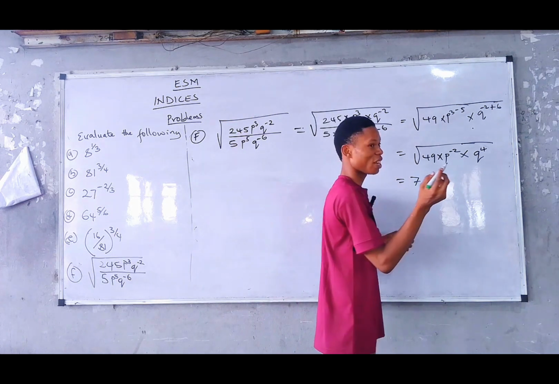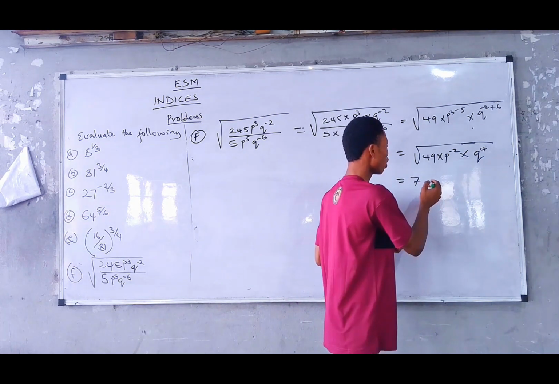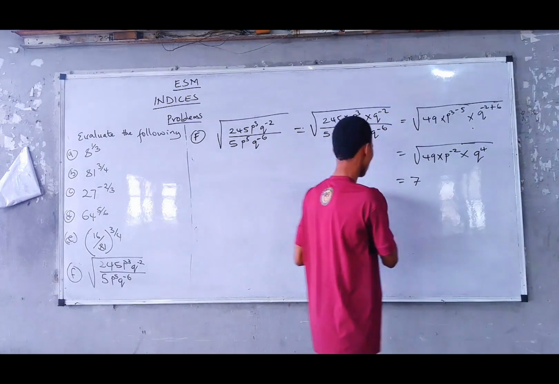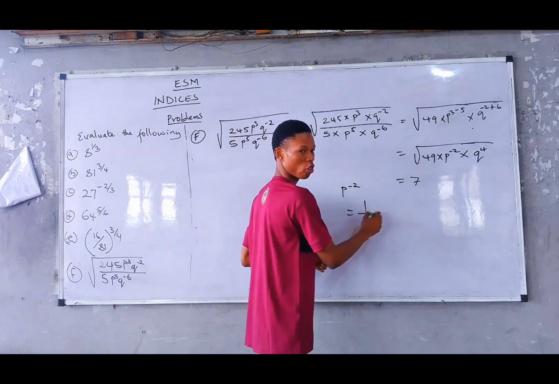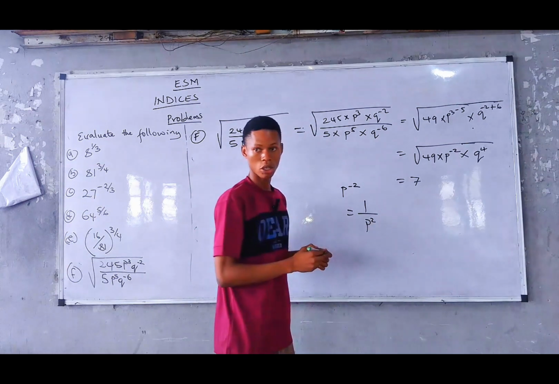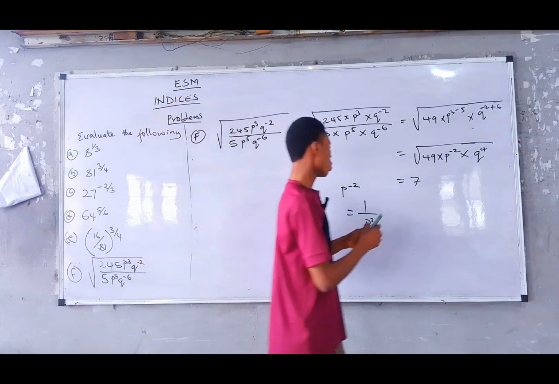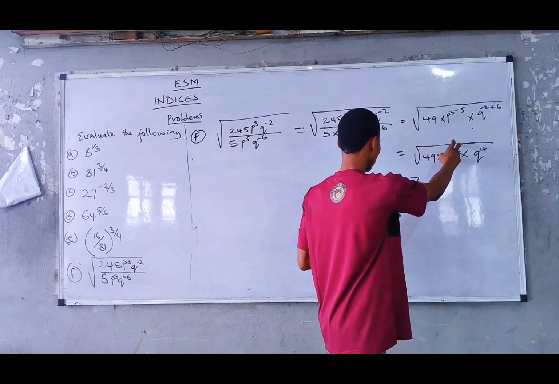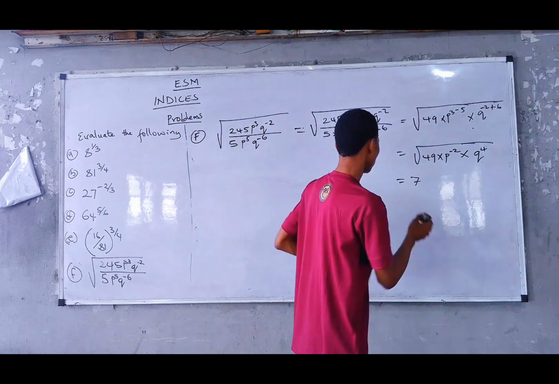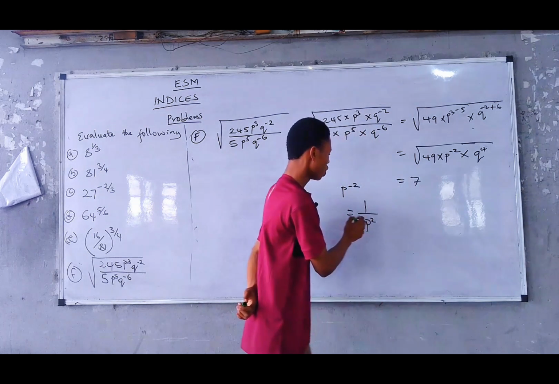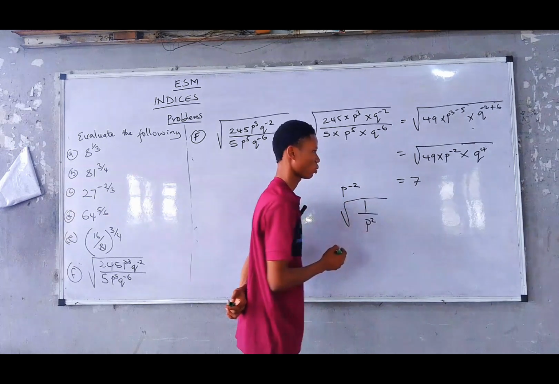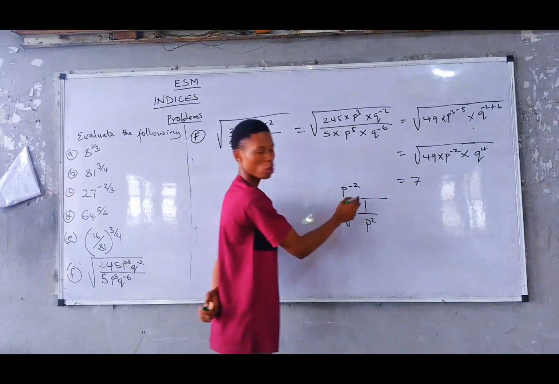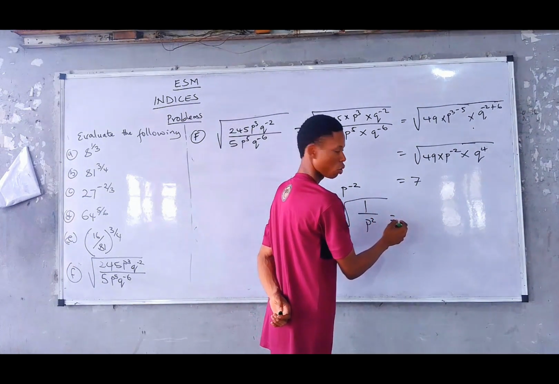Okay, let's take it this way. If you have something like this, P raised to power minus 2 is the same thing as 1 all over P raised to power 2, right? Is it not? Good. So what if I bring it this way? If I take the square root here, square root of 1 is what? 1, right?